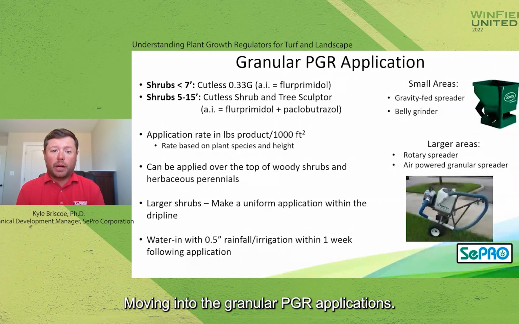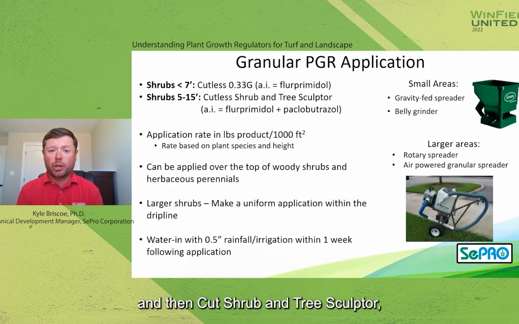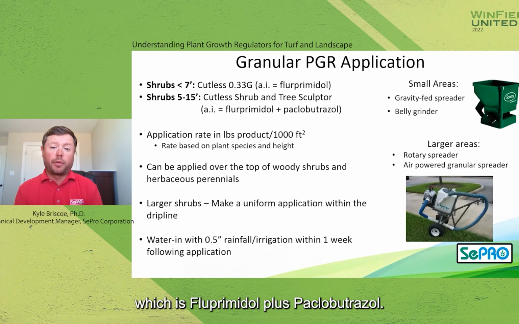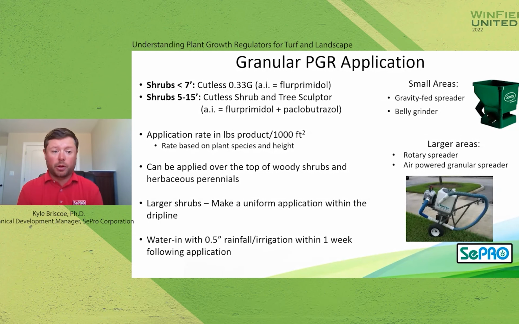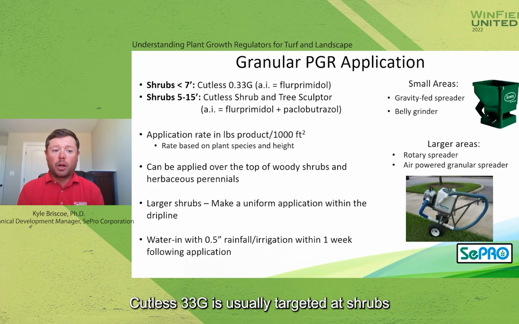Moving into the granular PGR application. So I mentioned there were two granular PGRs for landscape. Cutlass 33G, which is straight flurprimidol, and then Cutlass Shrub and Tree Sculptor, which is flurprimidol plus paclobutrazol. The key difference between the two is where they're used in terms of the size of shrubs.